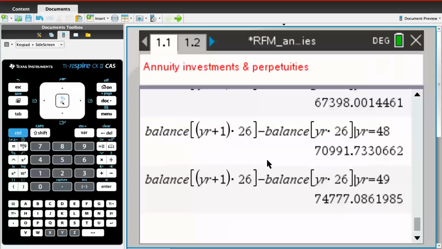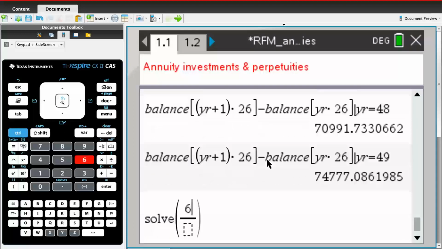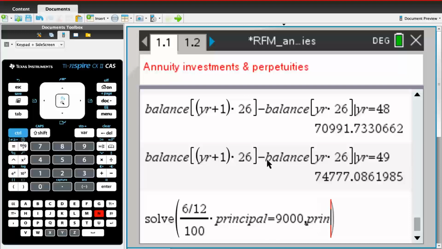So we can solve where the interest that would be payable each month multiplied by whatever the amount that's in there, which I'll call the principal, must equal the 9,000 that Hank requires. And we solve that for the variable called principal.